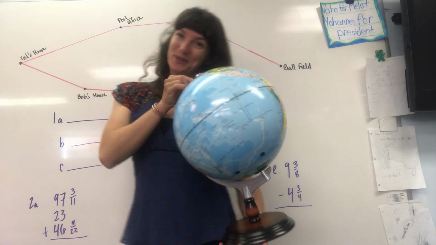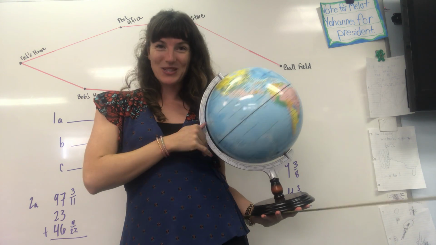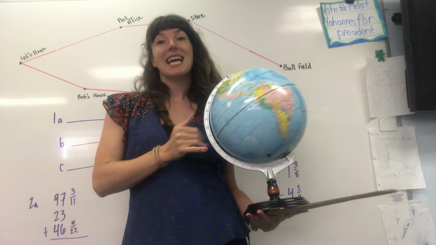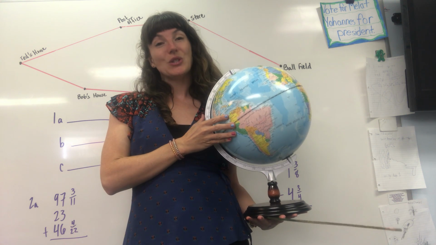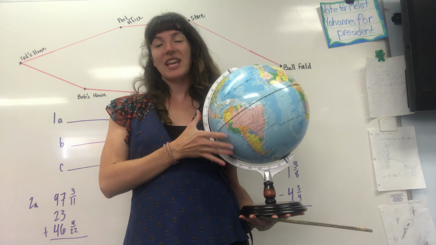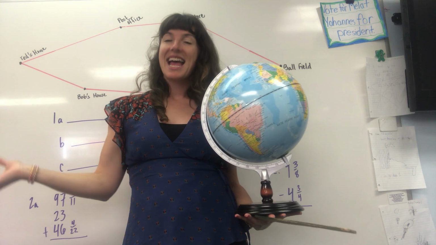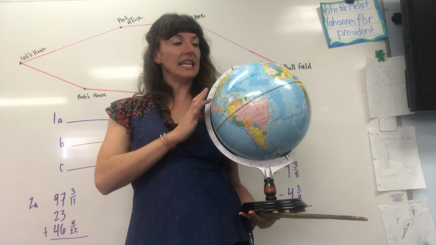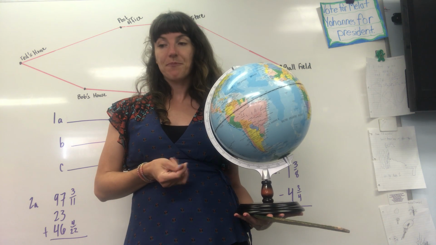This is a map of the world. Is it as big as the world? No, it's not. This map has been drawn to scale. So they have taken all the measurements and divided it down and done everything in equal proportions.